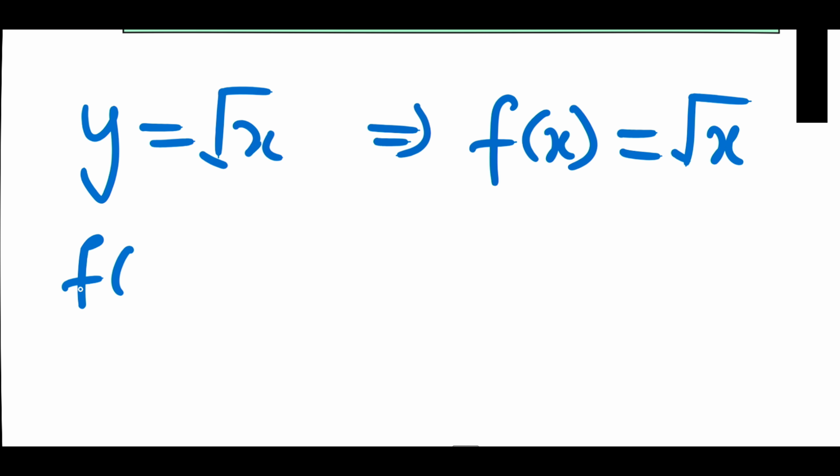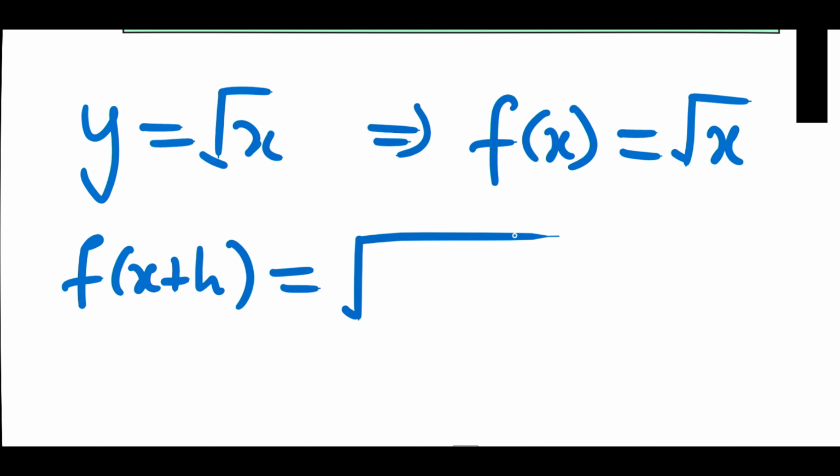Our f of x plus h simply means we are to plug in x plus h for x in the original function. So we are going to get the square root of x plus h. So we have replaced the x. Whenever you see x in the original function, you plug in x plus h. All right. So let us continue.